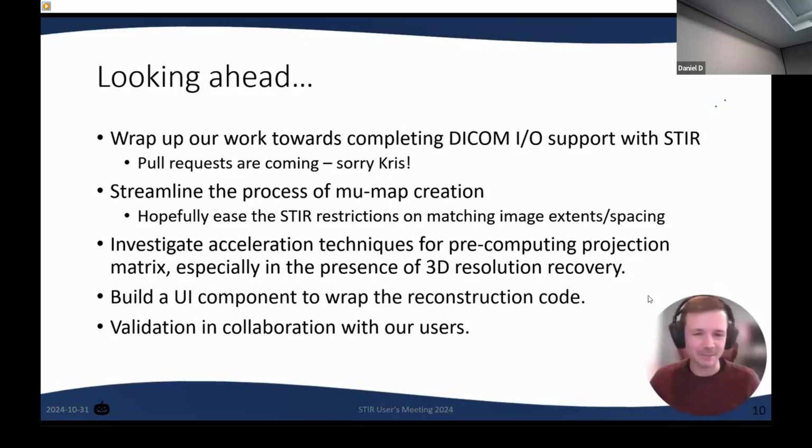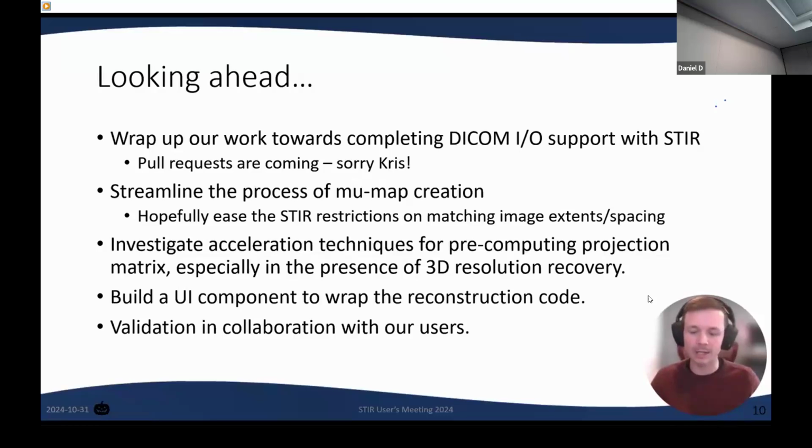And some other things that I mentioned that we'll be looking at is streamlining the process of this MuMap creation to make it easier for users and for us to actually implement and offer as a commercial solution. Investigate these acceleration techniques to speed up the reconstruction whenever resolution recovery is being used.